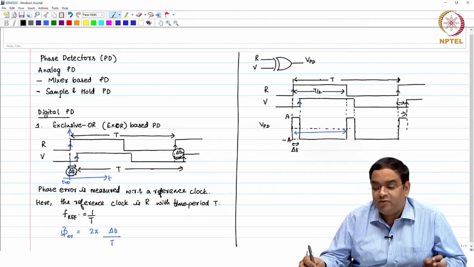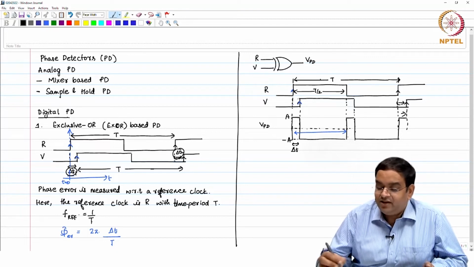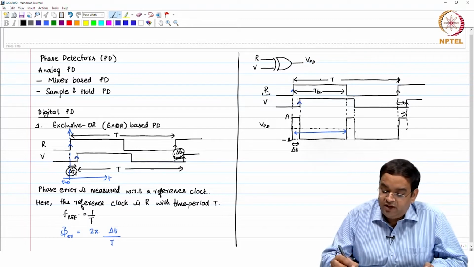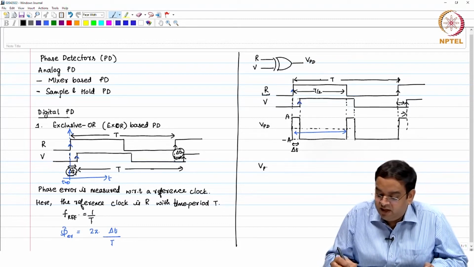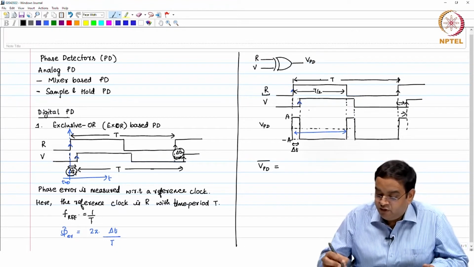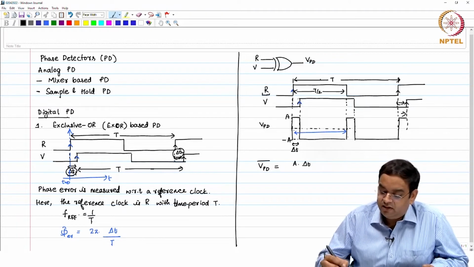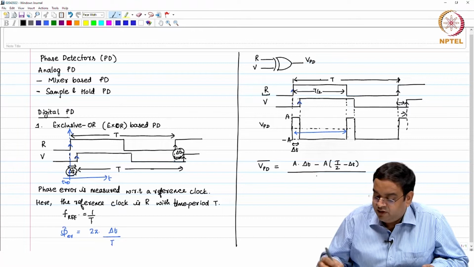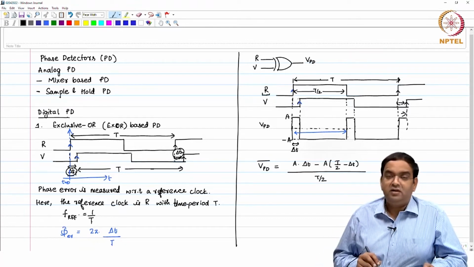Okay. Now, for this particular XOR gate, you see that the VPD has a waveform like a pulse kind of waveform, okay, and it is changing at the rate of your reference. So, here we define the average value of VPD for the reasons which we discussed earlier. So, the average value of VPD is equal to A times delta t, minus A times t by 2 minus delta t, and this average value is taken over t by 2.